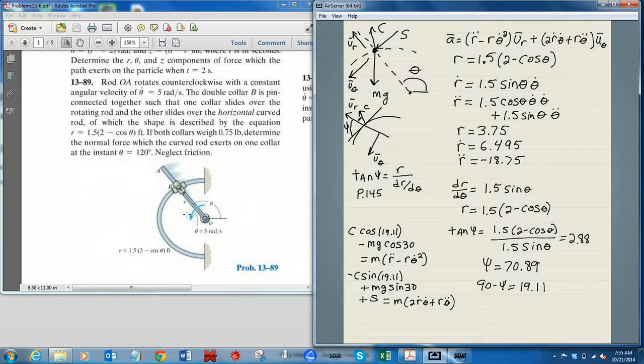If you plug everything in, you should end up with the forces of, let me check my notes here. The S turns out to be 2.77 if I'm not mistaken. So the S ends up being 2.77, and the C, the one that's coming from the curve, is, I think I have those backwards actually.